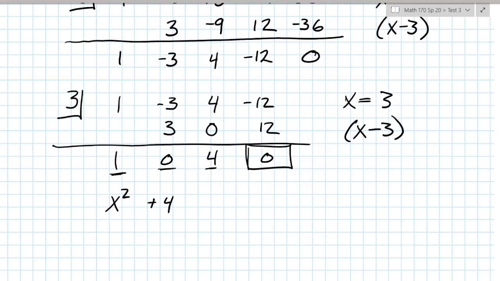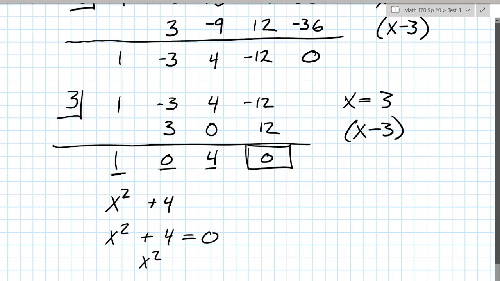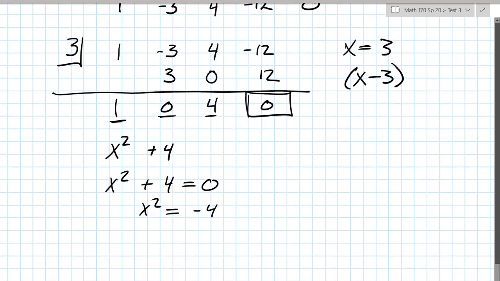Since our goal was to look for all of the zeros, then I'm going to set this equal to 0 and try to find solutions. It looks like we're going to end up with plus or minus the square root of -4, which is plus or minus 2i. Well, those are not real zeros.